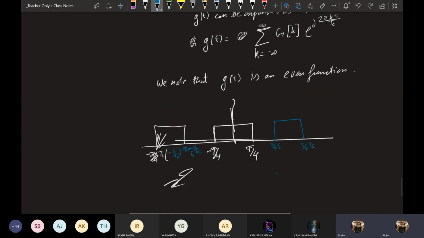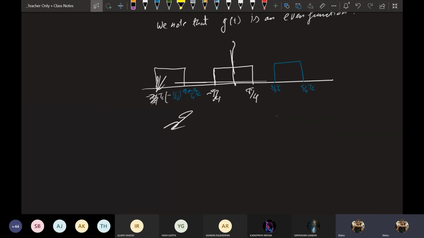So since this function is nicely even, what is the special property of the Fourier series for even functions, or the special form of the Fourier series for even functions? My bad. Okay, I'll write it for you.